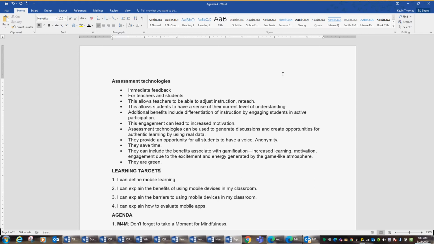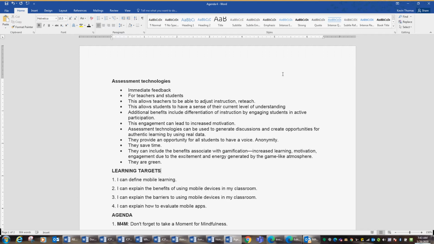But there are a lot of other non-traditional assessment technologies out there, like Flipgrid or Educreations or Padlet, that can be used to assess students' understanding, to get a snapshot of their learning.